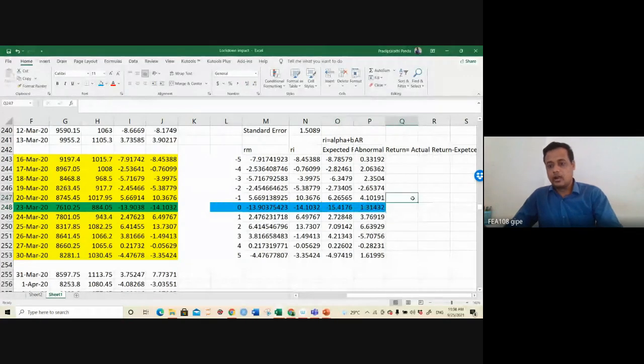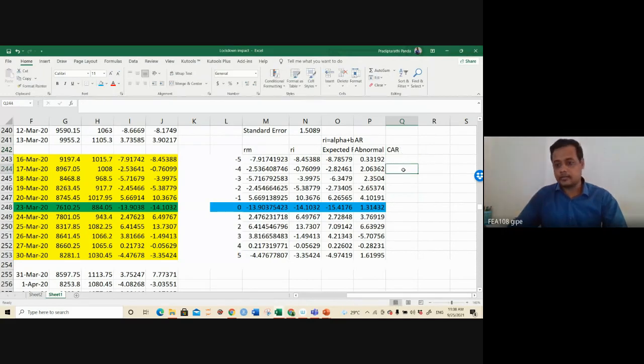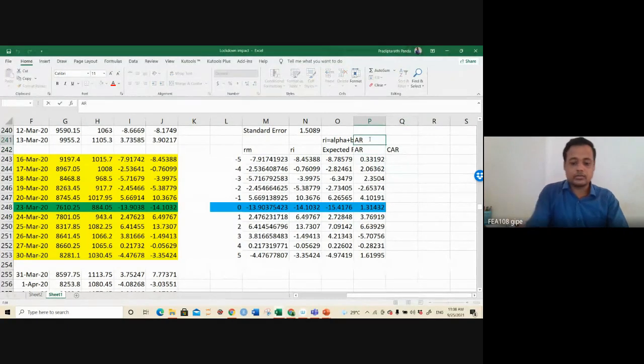Okay. Now, what you do? You get this AR. Then you get the CAR, that is cumulative abnormal return. So AR equals actual return minus ER, expected return.